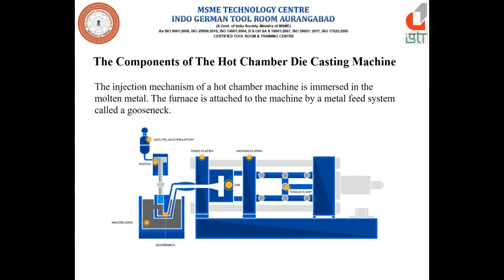The injection system is submerged in this furnace, and the accumulator or piston forms the pressure and injects the material through the gooseneck, and through that the material pours into the die.